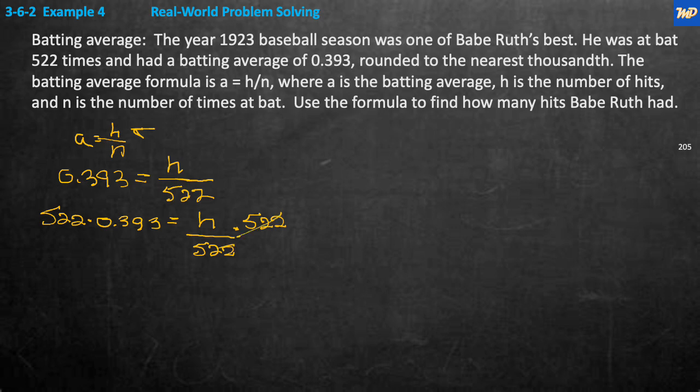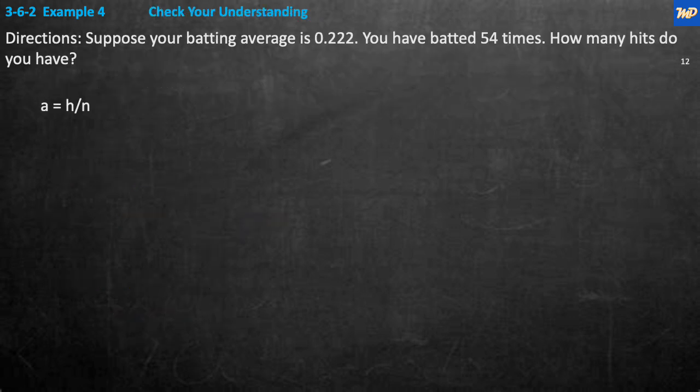And now we can cross off the 522s and we're left with H. And H is equal to 522 times 0.393. And what is that? H is equal to, I guess it's 205. Okay? Good.